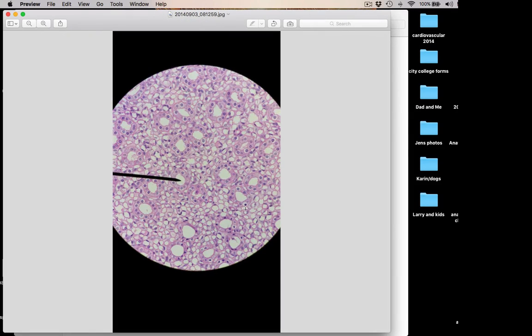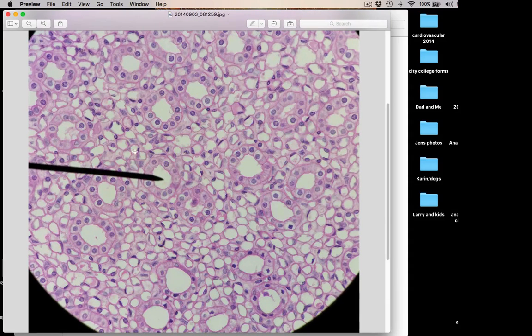Again, the pointer is in the lumen. You can pretty much see the cells around there. Let's go a little bit higher. Lumen, here's the apical surface. So we've got a tube here, a round tube. Here's the basement membrane here.